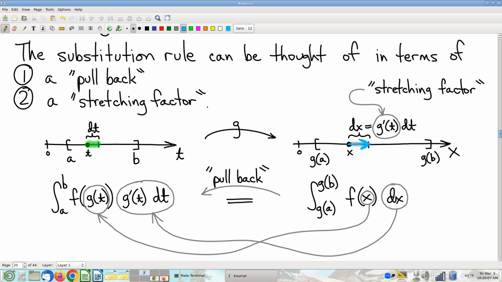Let's think of it as an output change. This represents how much the output to G changed as I changed the input by dt.